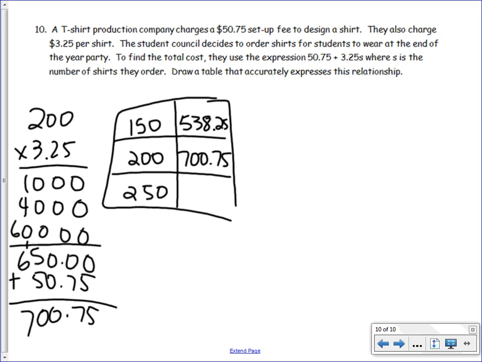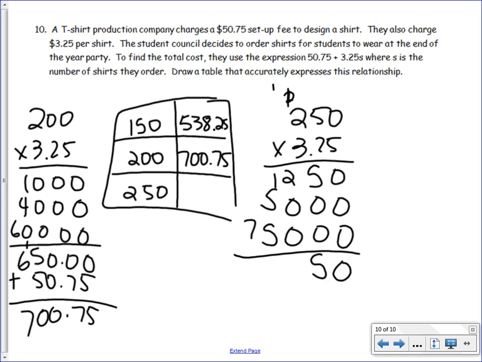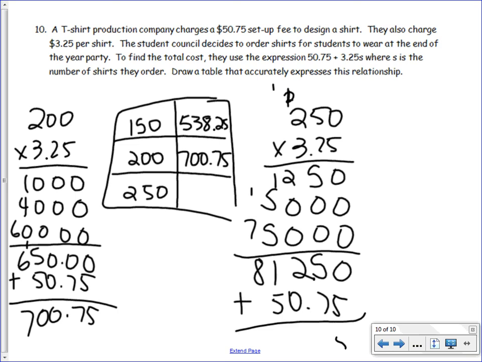All right, so 250 times 3.25. 0, 5 carry the 2, 12, 0, 0, 0 carry the 1, 2 times 2 is 4 plus 1 is 5, 0, 0, 0, 5 carry your 1 and 7. 2 decimal places, $812.50, plus the 50.75, so 5, 12, remember decimal place stays the same, 3, 6, 8. So it's $863.25.